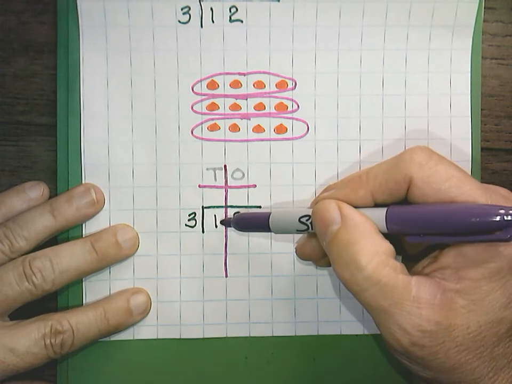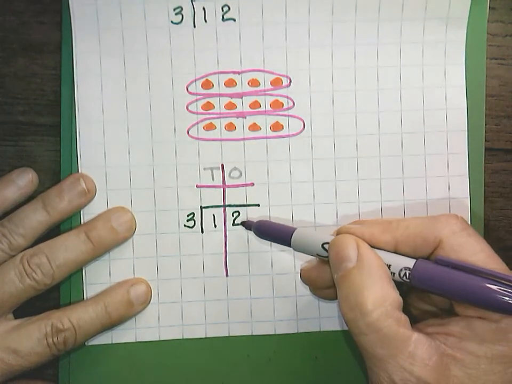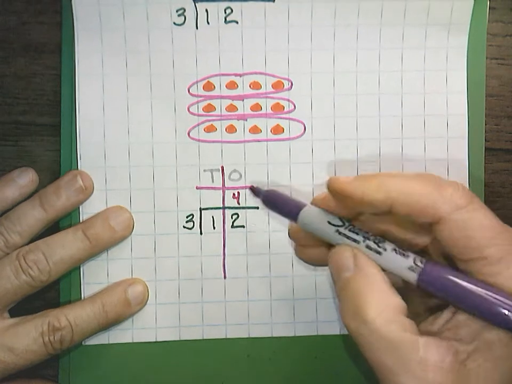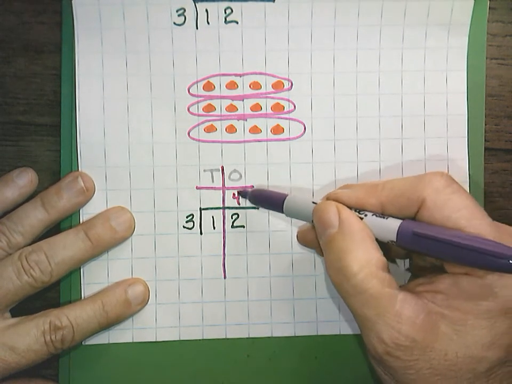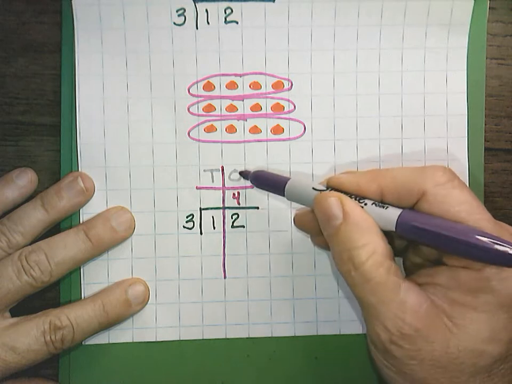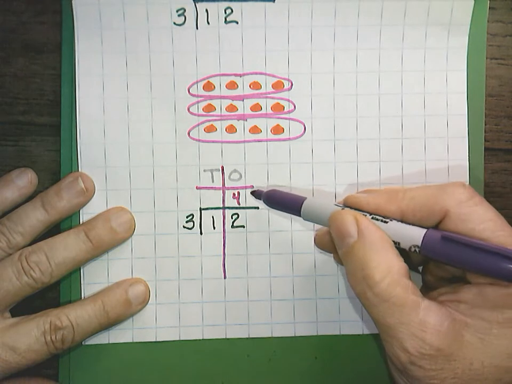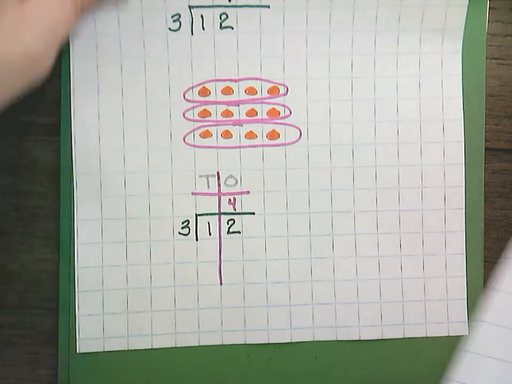So when we solve this problem, and we saw that our answer up here, 12 divided by 3 is equal to 4, it would be appropriate, because 4 is just 4 ones, that you would place it above the 2 in the 12. It's not a hard and fast rule, but it's a good habit to get into as the problems get a little bit harder down the line.